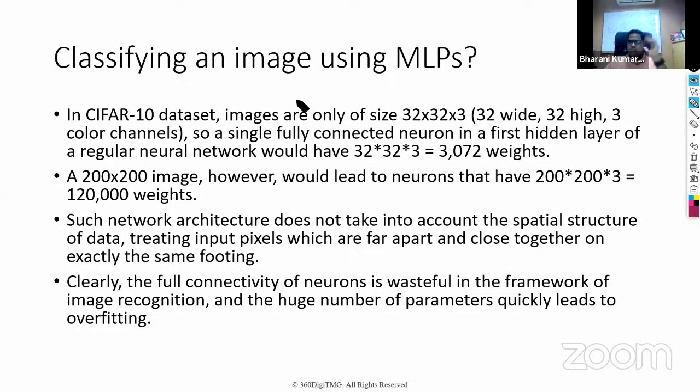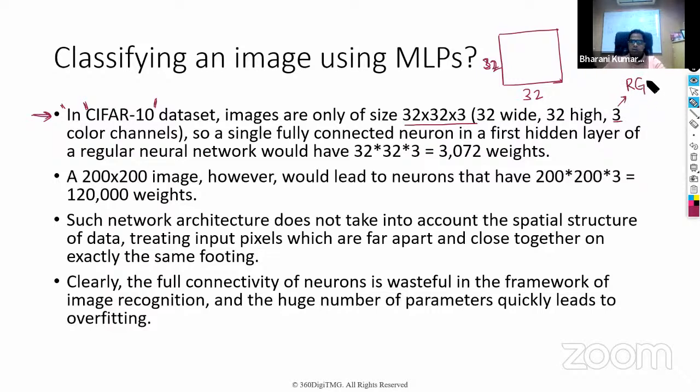Suppose, just for our clarification and understanding, you have a dataset called as Cipher dataset. In the Cipher dataset, say you have images. And say you have images of size 32 by 32 by 3. So each and every image has a width of 32 and height of 32. And say there are 3 color channels. What are those 3 color channels?